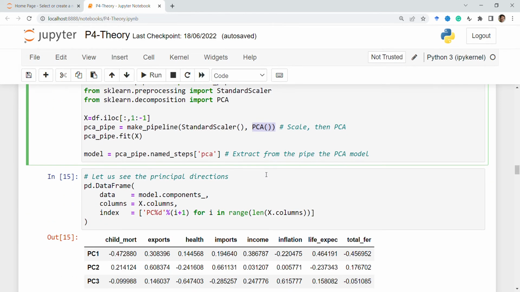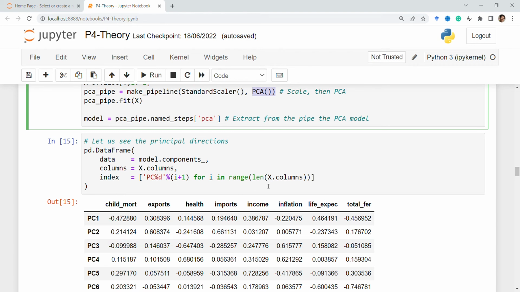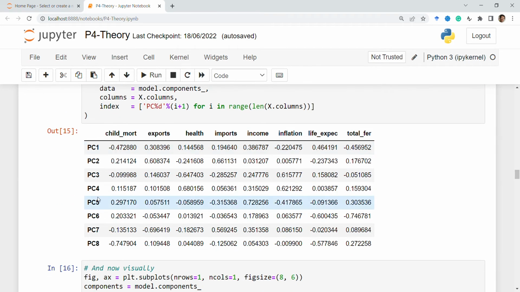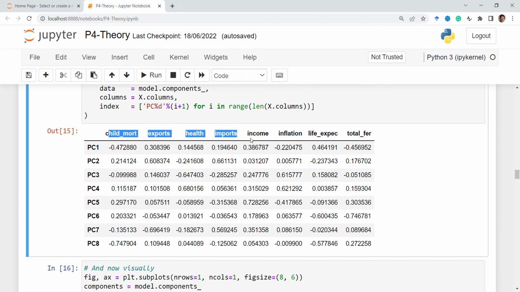Okay, so here are the PCA components. The PCA components are a new basis of that space. So we have a space with, let's say, 8 different input variables, and now we will construct a new basis for that space. And in this new basis, this is the matrix that transforms one basis into the other.